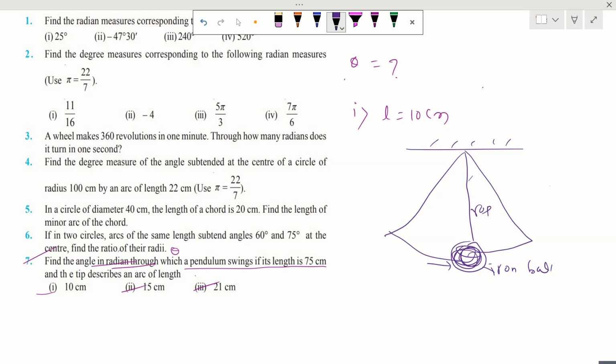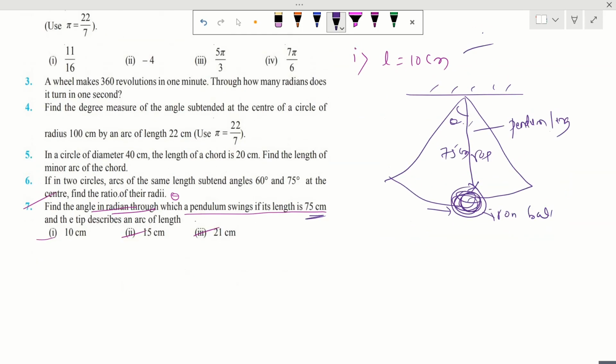The length is 75 centimeters, this is the pendulum length. We need to find theta here. The arc length at the tip is given as 10 centimeters.